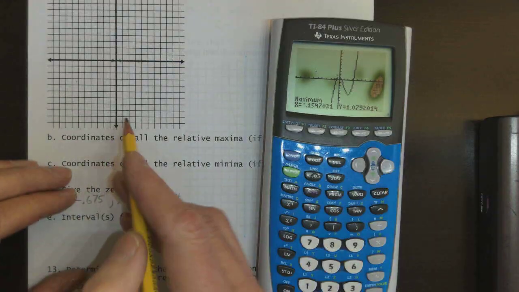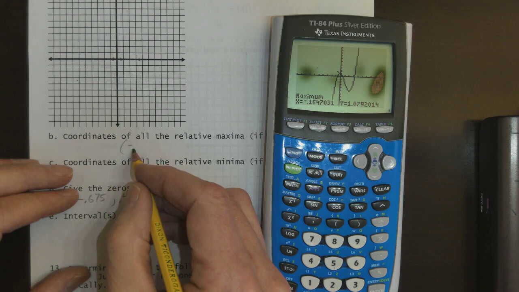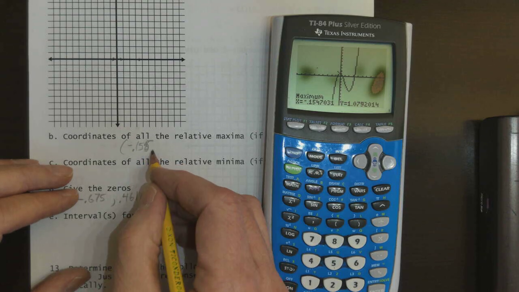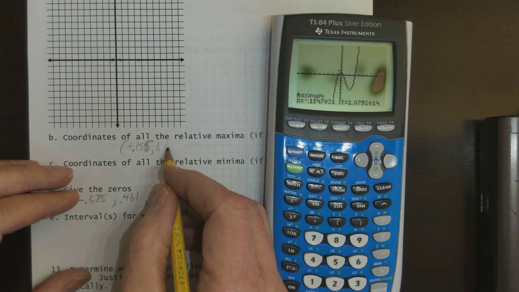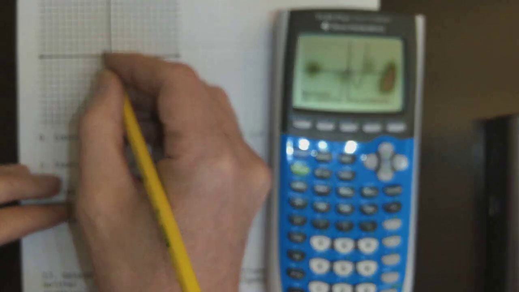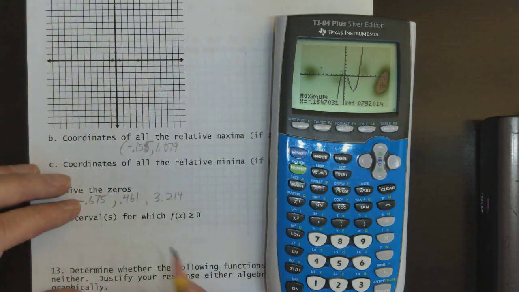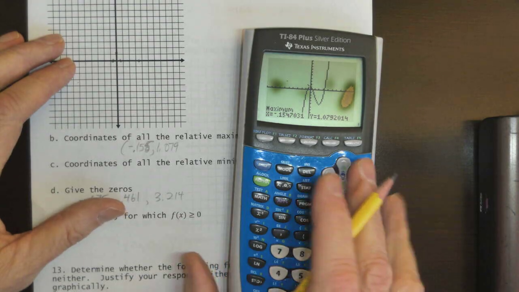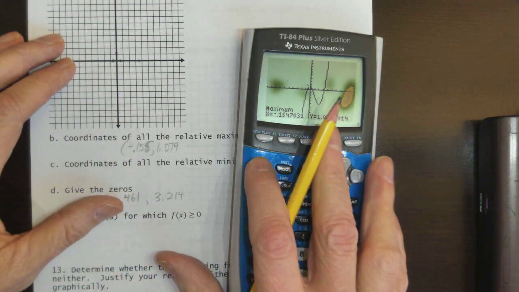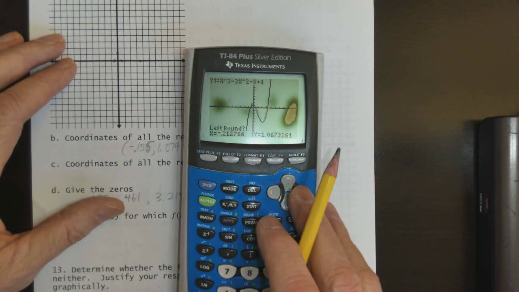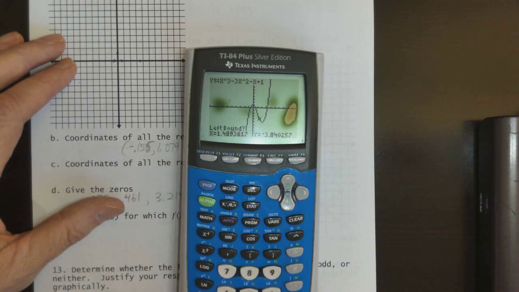That's negative 0.155, 1.079, right there. Now I want to find this min. Second calc, min, left, right, guess, enter.